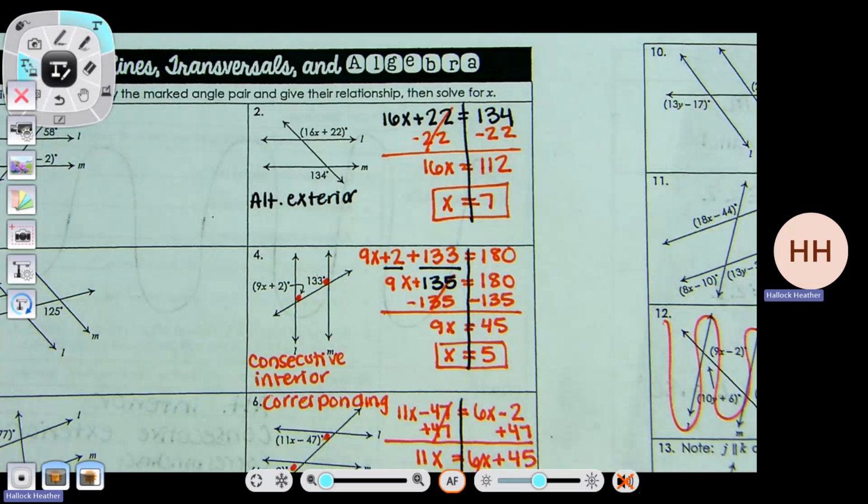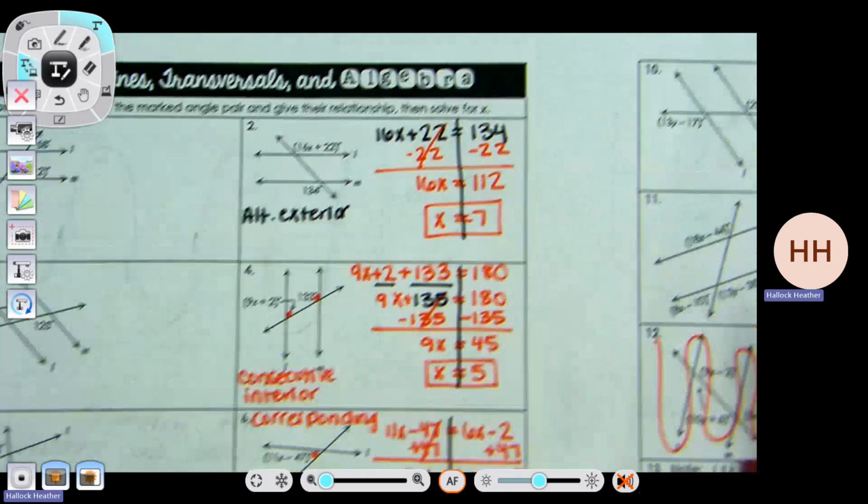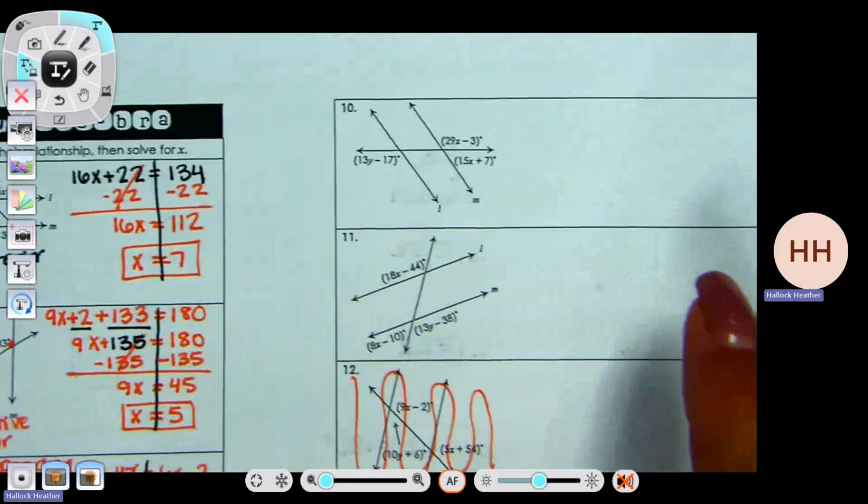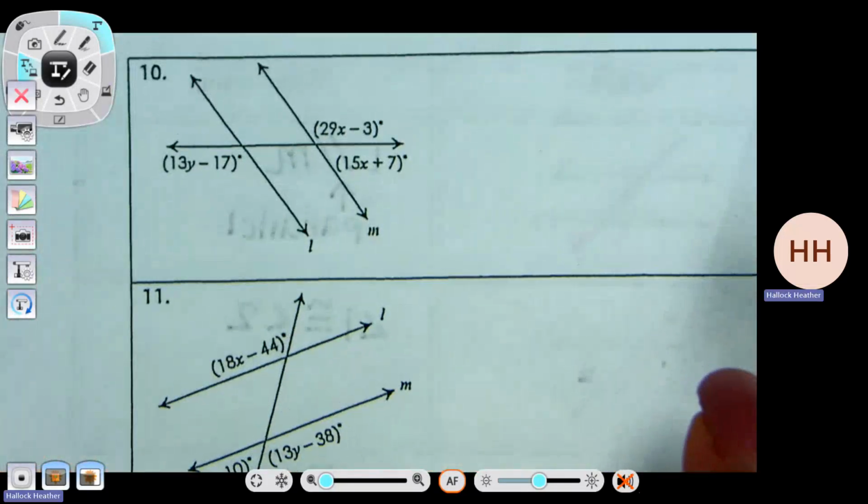We're going to do one that has an X and a Y, and then you guys can start working on the rest of them because they're not that bad. Let's do number 10. So 10 has X's and Y's.